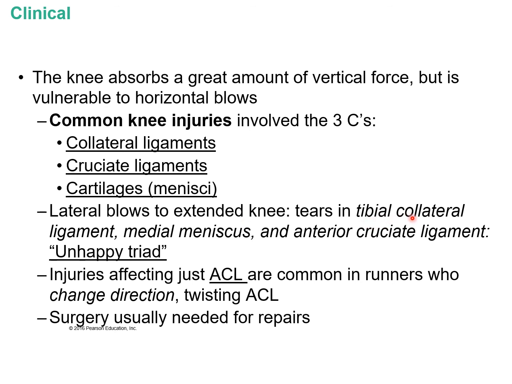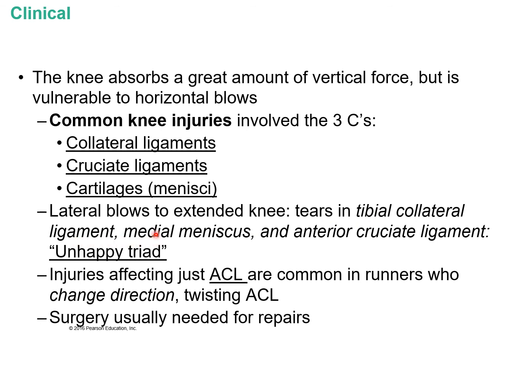The tibial collateral ligament. Now that might not initially make sense because you know the tibial collateral ligament is on the medial side. But we're going to see how we end up getting damage to the medial side from a lateral injury. All right, so tibial collateral ligament will be damaged.